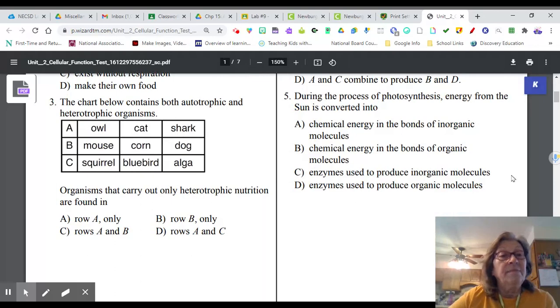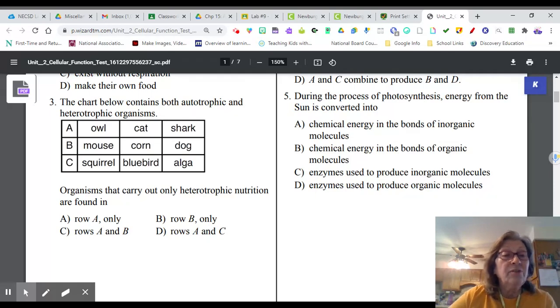Question number 3. The chart below contains both autotrophic and heterotrophic organisms. Row A reads across owl, cat, shark. Row B reads across mouse, corn, dog.